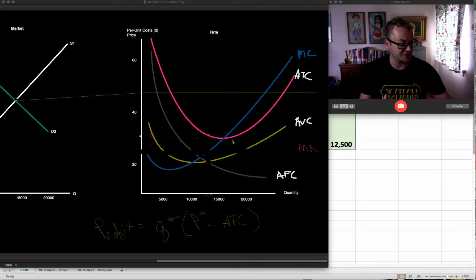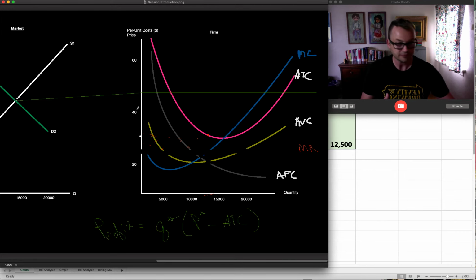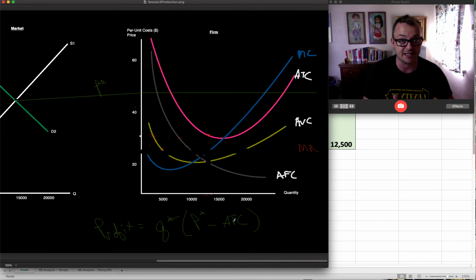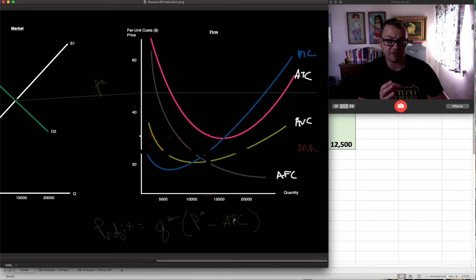So let's say that this is our price line, P star. We want to keep in mind our profit equation, Q star times P star minus ATC, like we covered. This gives us a lot of information, and we really want to focus on it. If this is P star, look at what happens as we're scaling up.